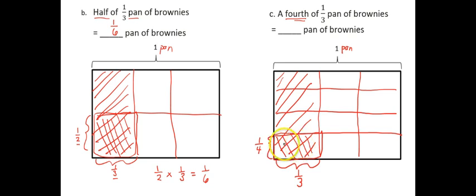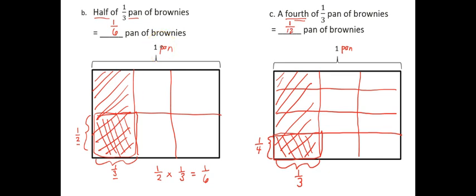To figure out that fraction, we have to count how many pieces are in the entire diagram. Well, there are 12 pieces altogether. One piece is shaded. So 1/4 of 1/3 pan of brownies is 1/12.